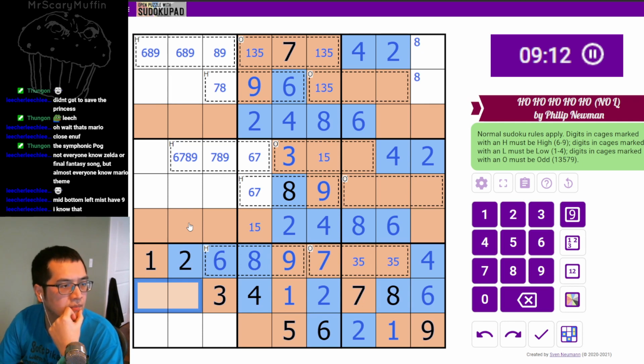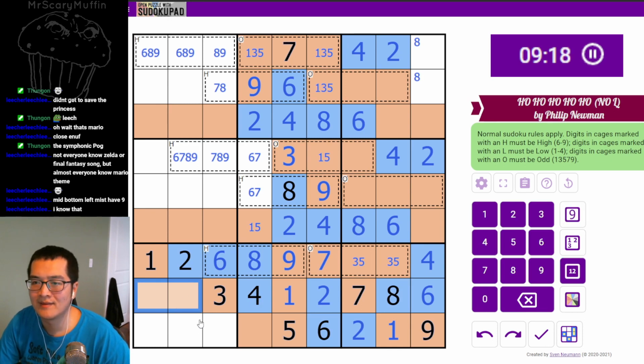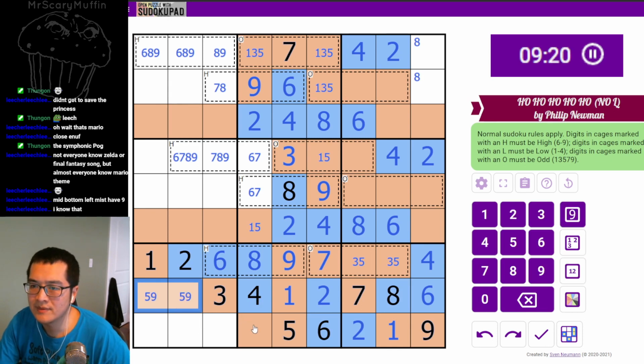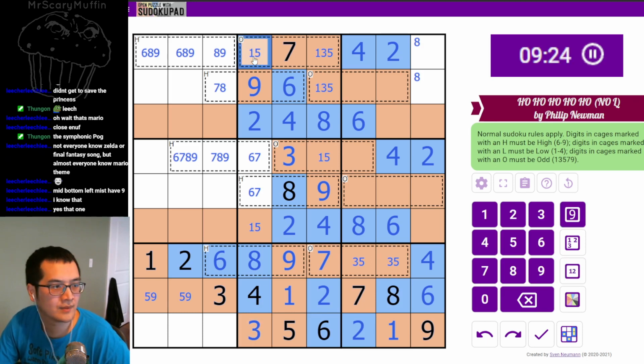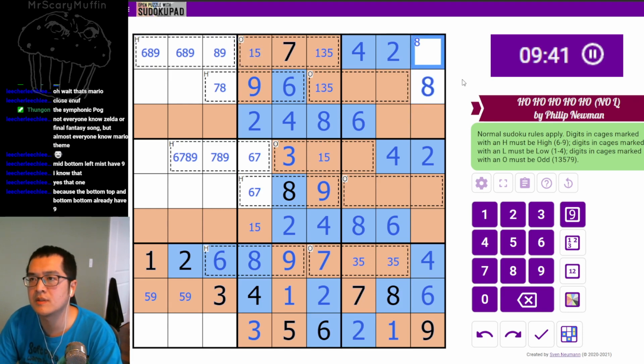Mid, what? Mid, bottom, left must have 9? Okay, cool. I was just like, huh? I'm not pencil marking everything. A lot of times, like I said, I'm kind of lazy sometimes. I get distracted easily as well. No, 8 can't be in there actually. So that must be 8.